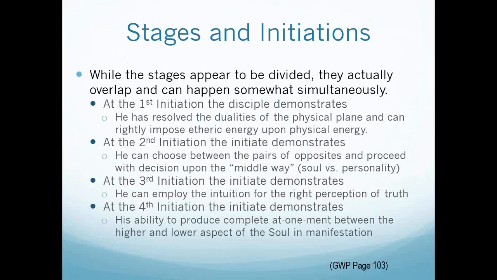At the third initiation, the initiate demonstrates that he can employ the intuition for the right perception of truth. At the fourth initiation, the initiate demonstrates that his ability to produce complete at-one-ment between the higher and the lower aspect of the soul is now manifested.